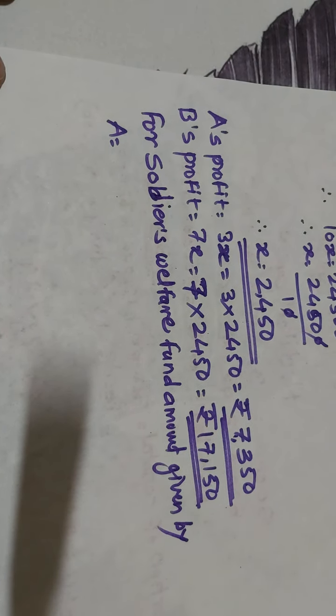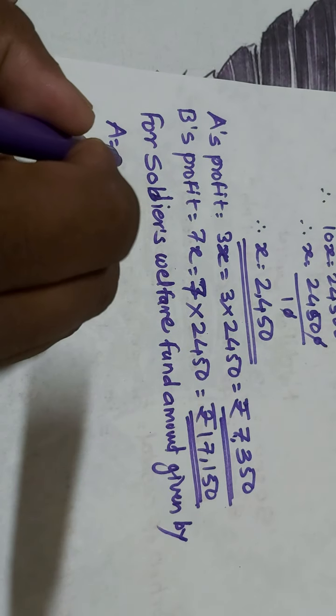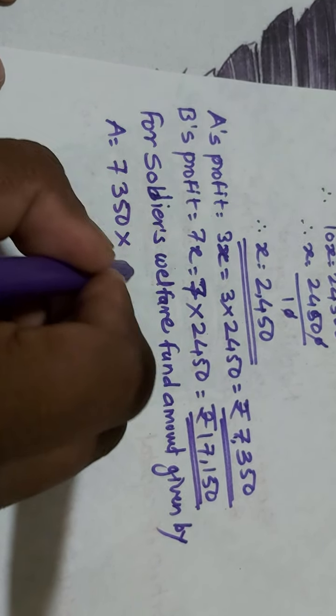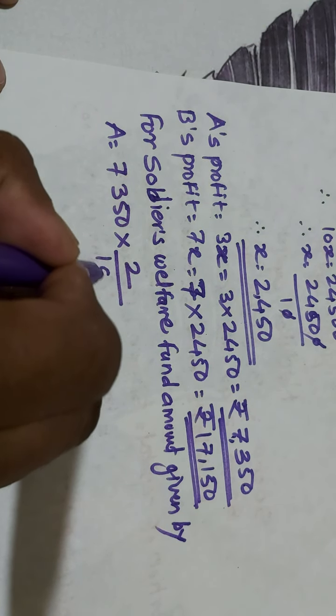Now here A's profit amount is 7,350. 2% means 2 upon 100.